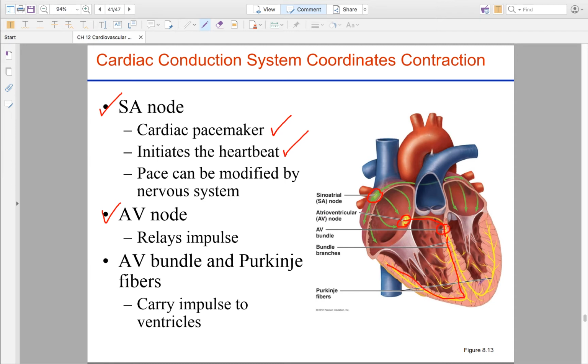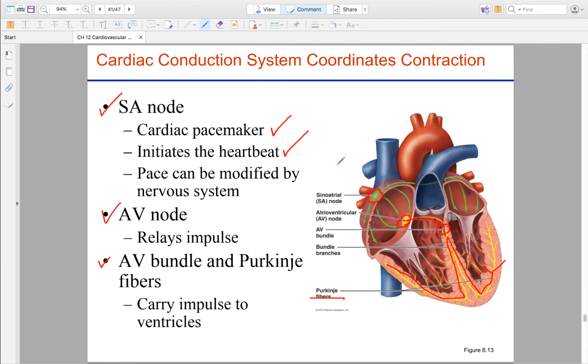Okay, these are technically branches or bundle branches, and as they go around, these smaller branches here are called Purkinje fibers.